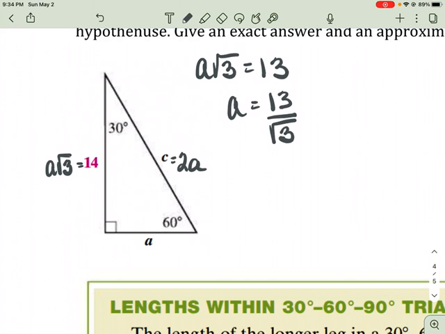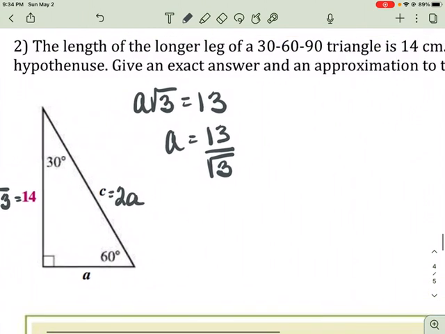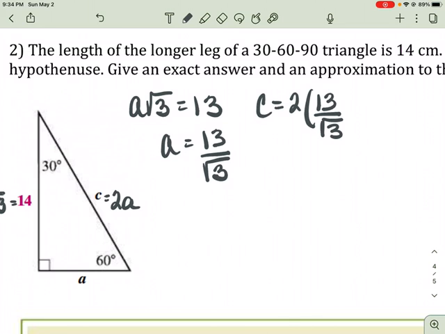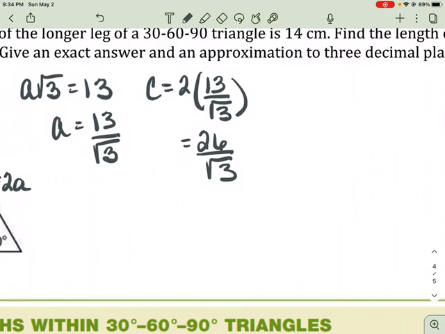Okay, now before I rationalize my denominator, I'm going to find our hypotenuse. So that's going to give me 26 over the square root of 3. Okay, so I'm going to rationalize that. What am I going to multiply 3 by to make it a perfect square? Well, another 3 would be great.